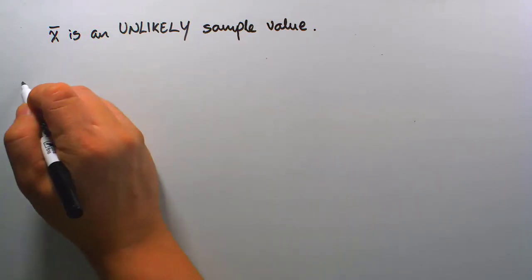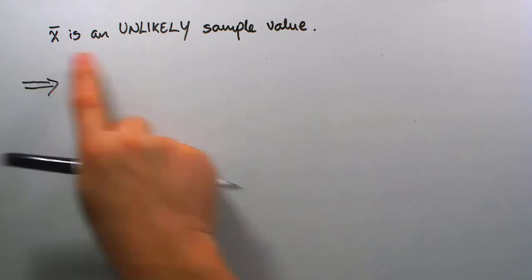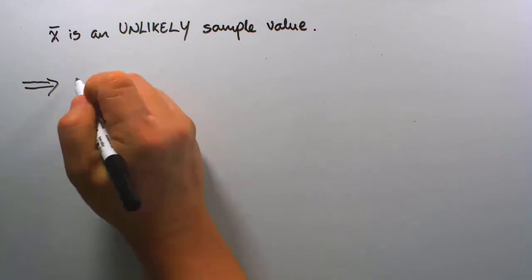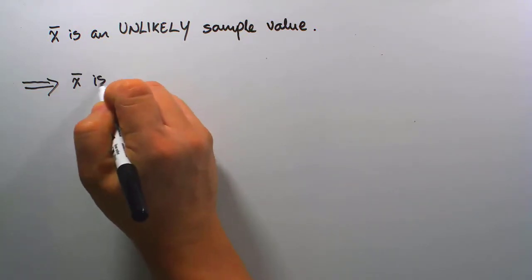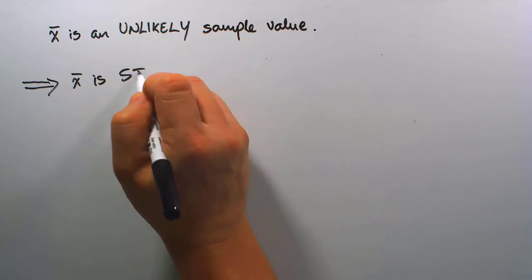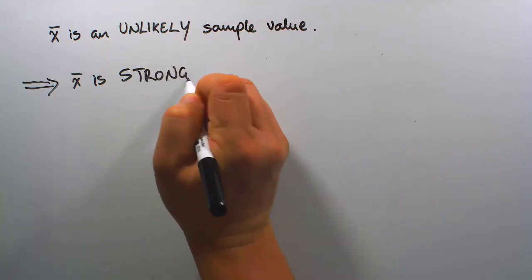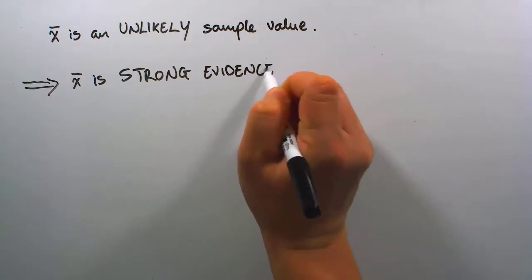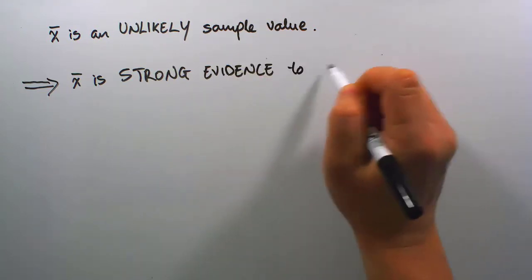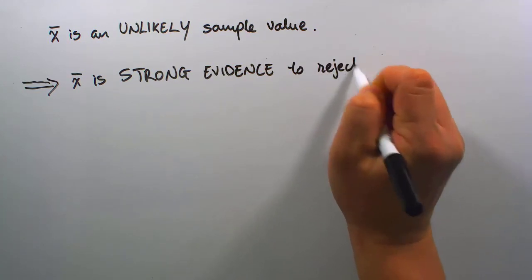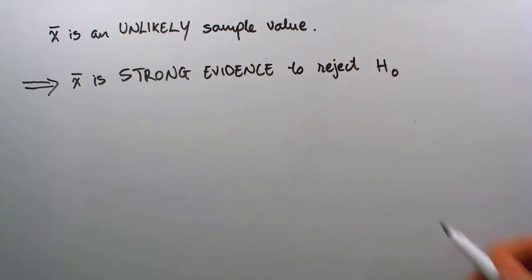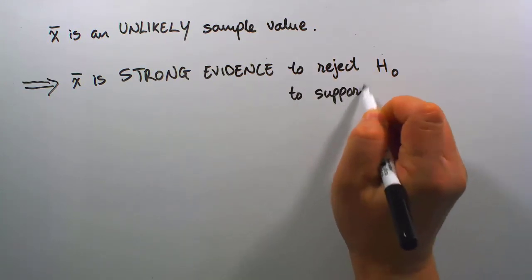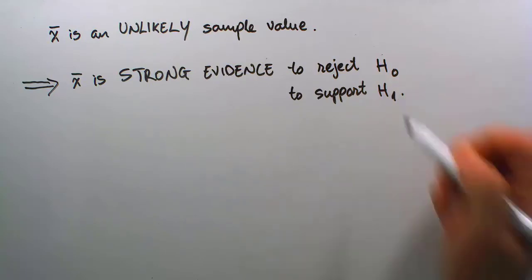So now I'm going to explain why our X bar being an unlikely sample value leads to itself showing strong evidence for us to reject the null hypothesis H sub 0, or to support the alternative hypothesis H1.